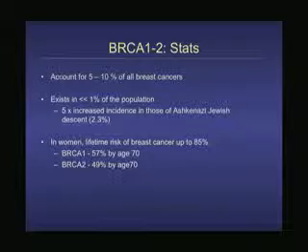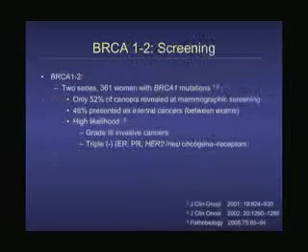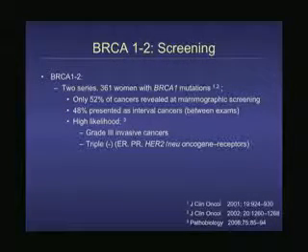Specifically with BRCA1, they'll tend to get it a little bit earlier than the BRCA2s. But when they've done screening on these women, they found that only half of their cancers were seen at screening. About half of them presented as what we call interval cancers, in between the 1-year period of getting their mammogram, and they had a greater likelihood of being grade 3 invasive or triple negative.